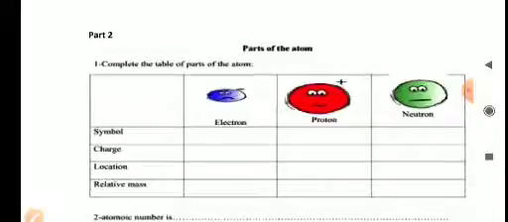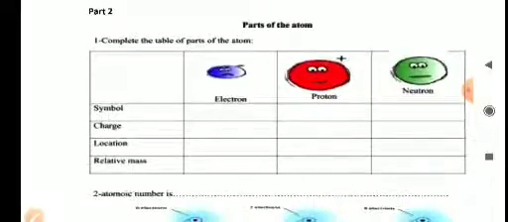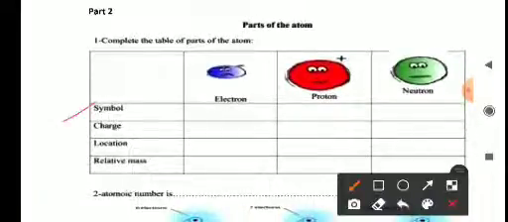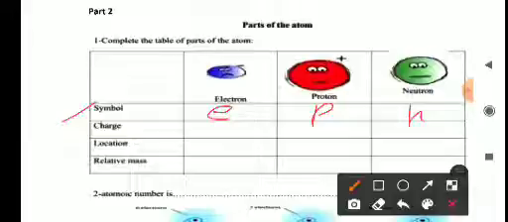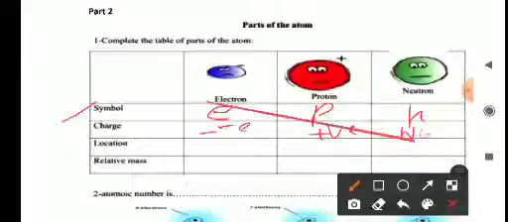Parts of the atom. Complete the table of the parts of the atom. First is the symbol. The symbol for electron is e, proton p, neutron small n. Charge: electron negative, proton positive and neutron no charge.